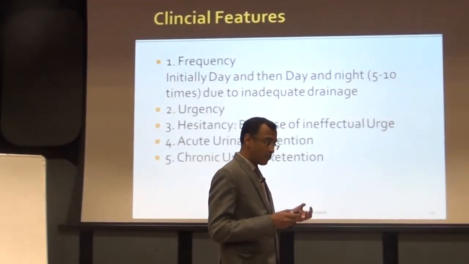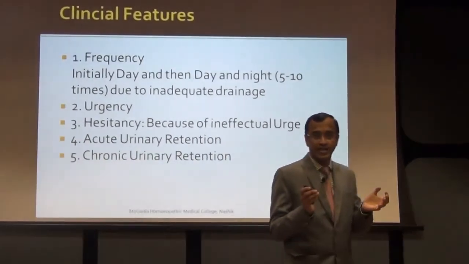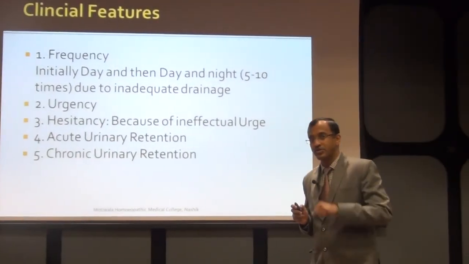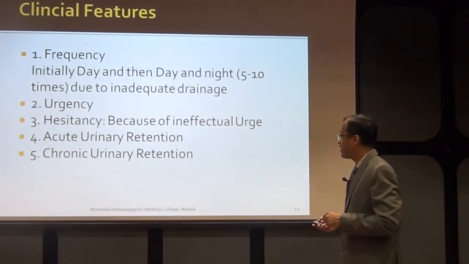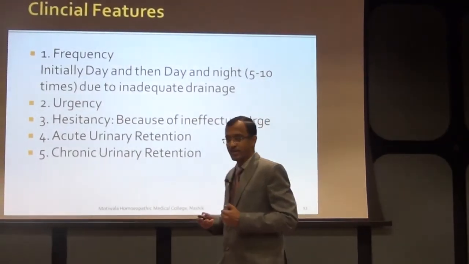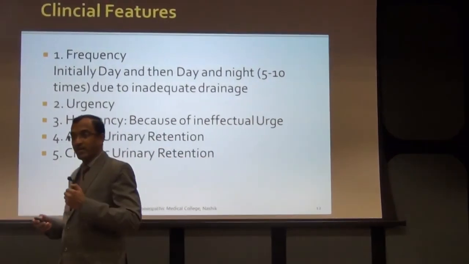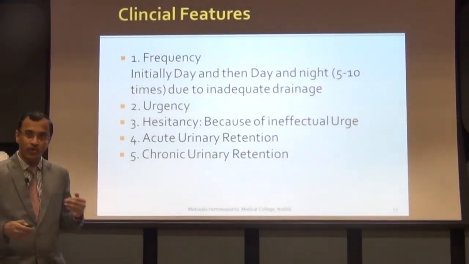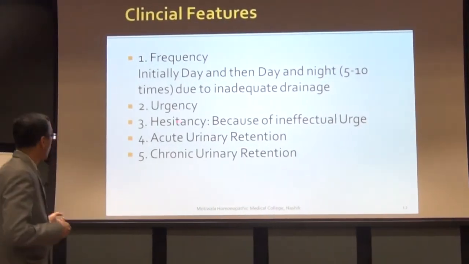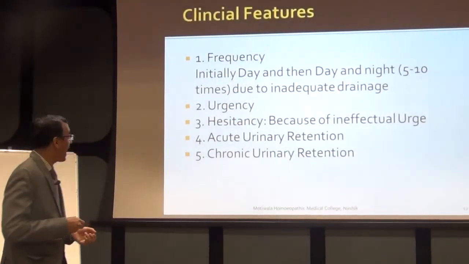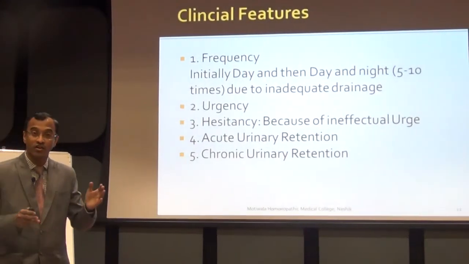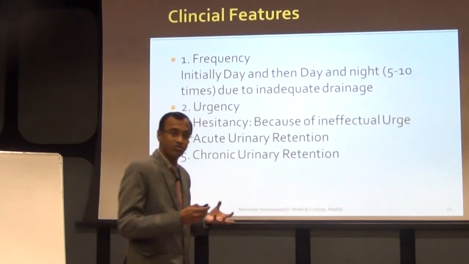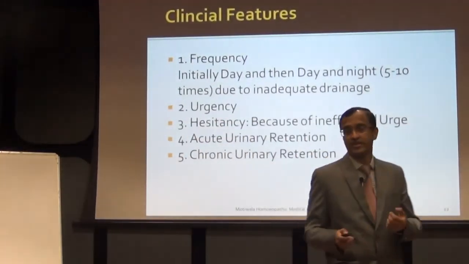Even though a very small amount of urine has accumulated in the bladder, because of the prostatic urethral involvement, there is an urgency for urination and he cannot wait. An elderly person who cannot wait has to go very often and urgently, immediately, to void the urine.